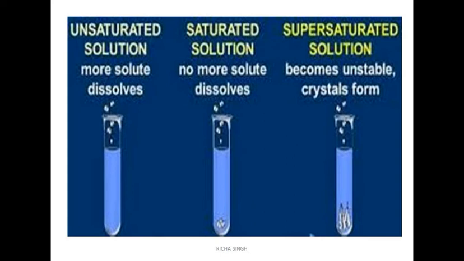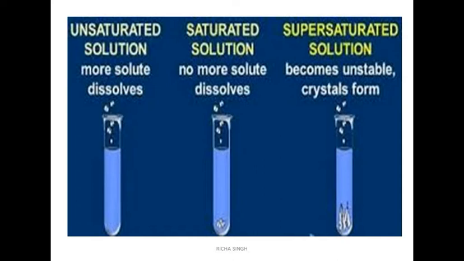Now depending upon the solubility, solution can be unsaturated, saturated and supersaturated. An unsaturated solution is formed when the amount of solute contained in a solution is less than its saturation level. Then the solution is said to be unsaturated.